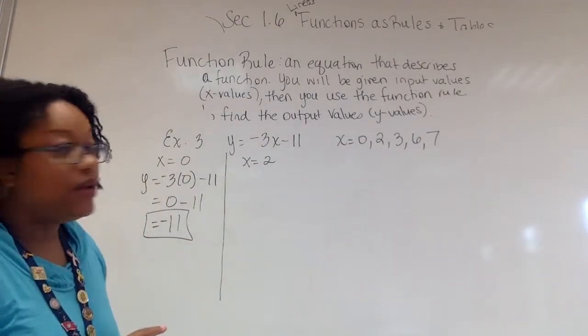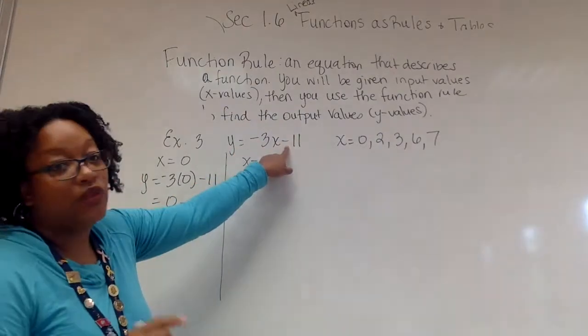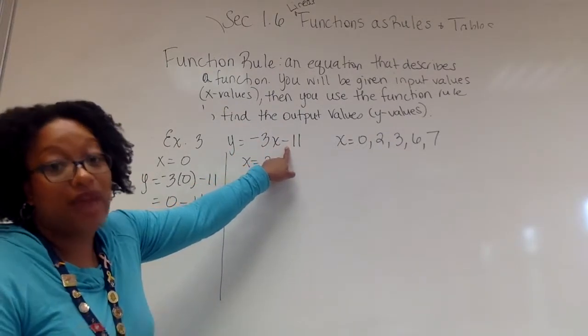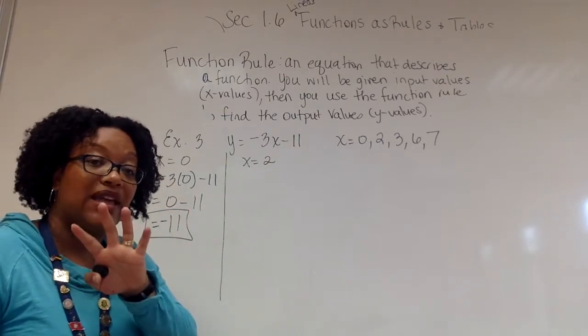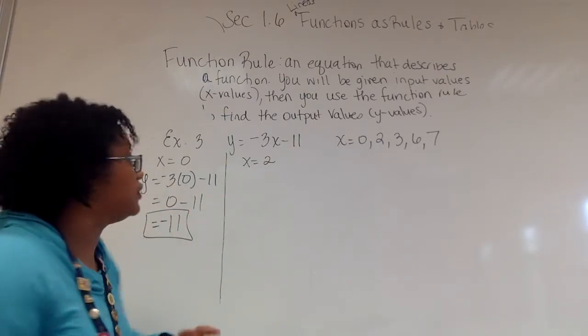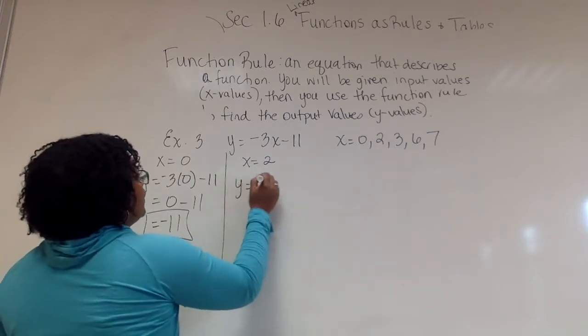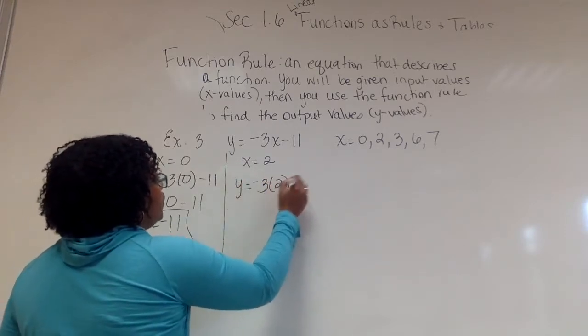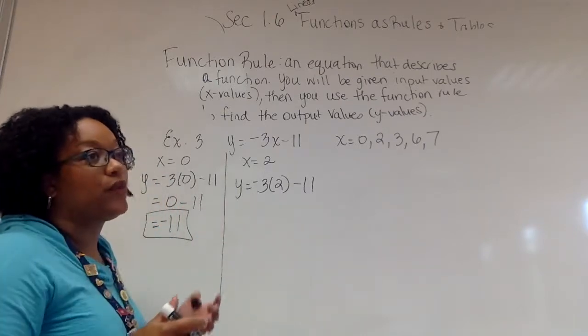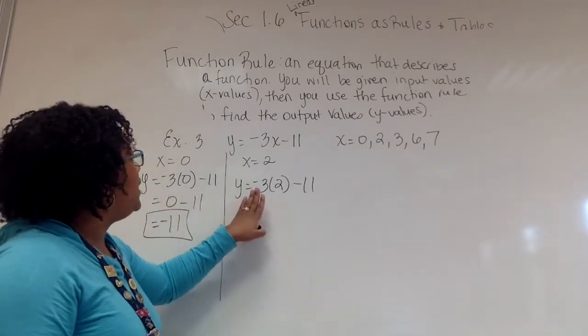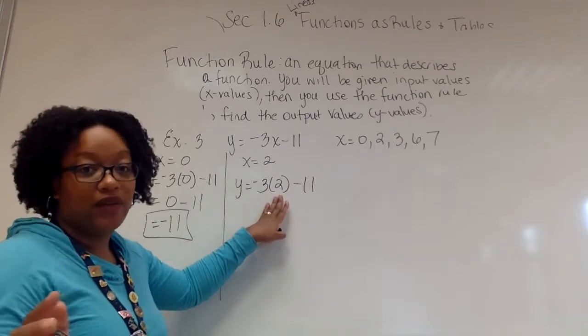You've got a negative number here and a negative number here. Even though you see it as subtraction, technically it's still a negative number. Let's make sure that you don't make any careless mistakes with our negative numbers. So I have y equals -3 times my 2 minus 11. Well, hopefully you remember from like the 6th grade, negative times a positive always gives you a negative.